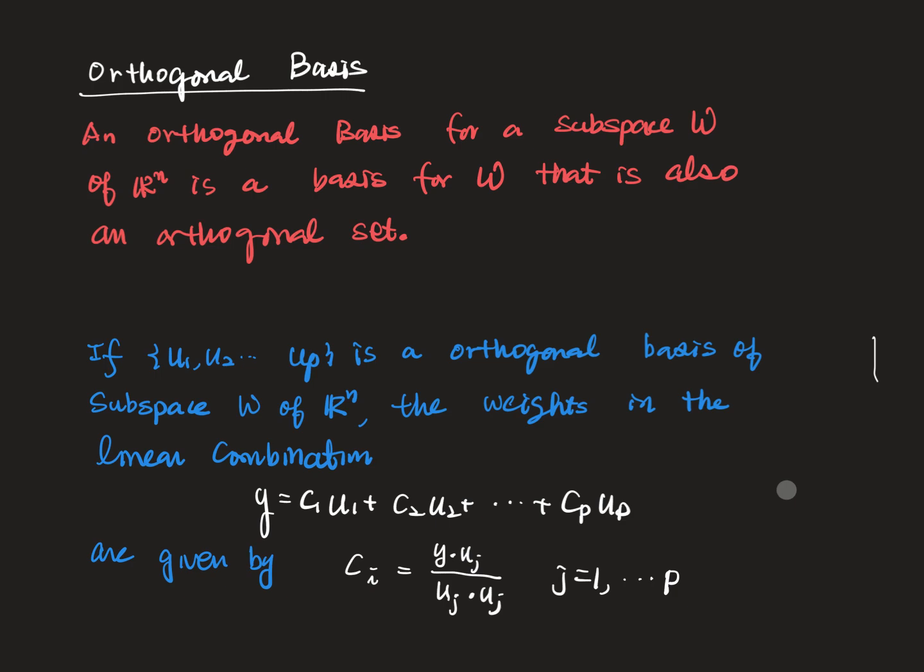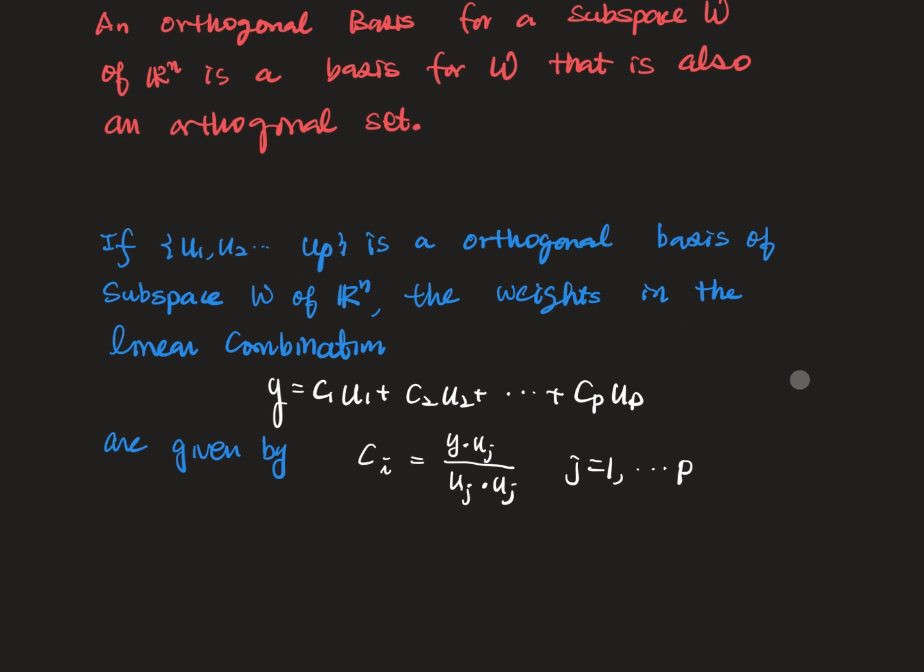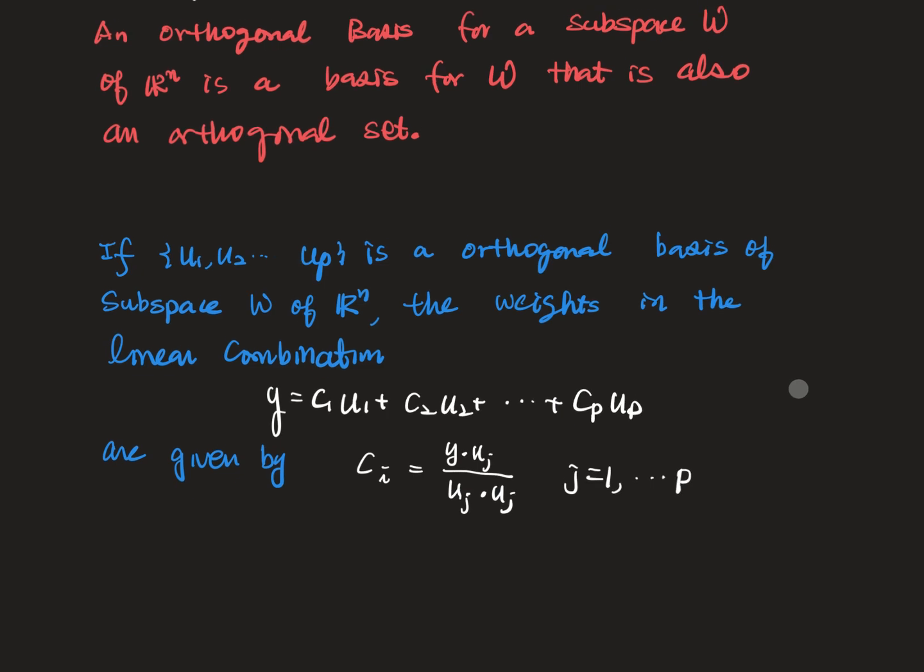The next theorem is more powerful and gives an easy way to find a linear combination. In previous chapters, we found the linear combination of bases by using row reduction. But if your basis is orthogonal, it's very easy to find the linear combination of vectors.